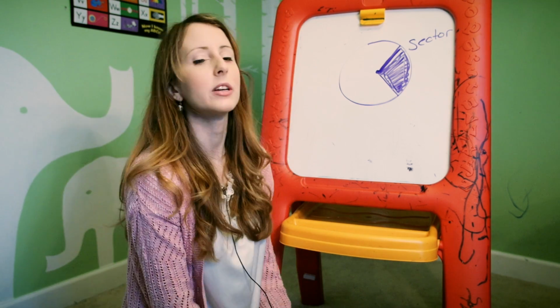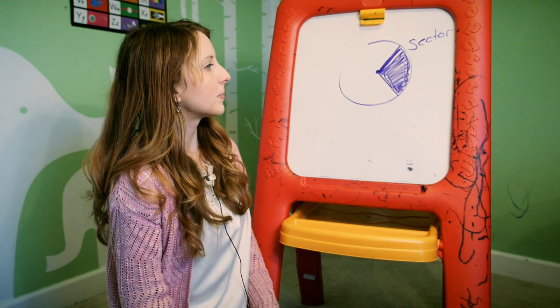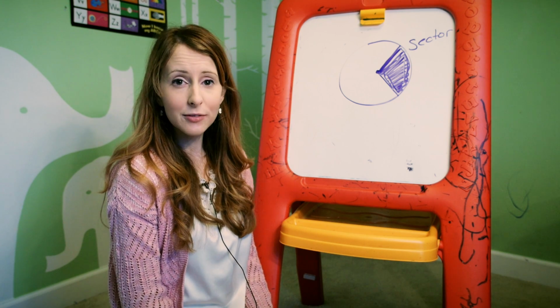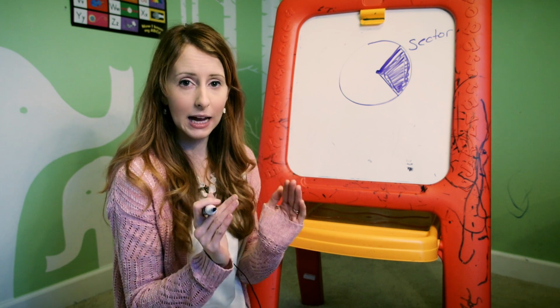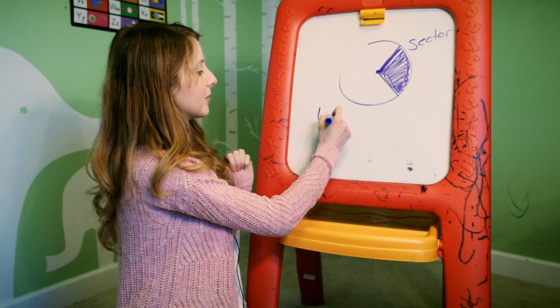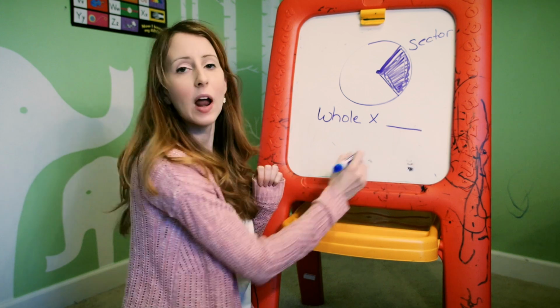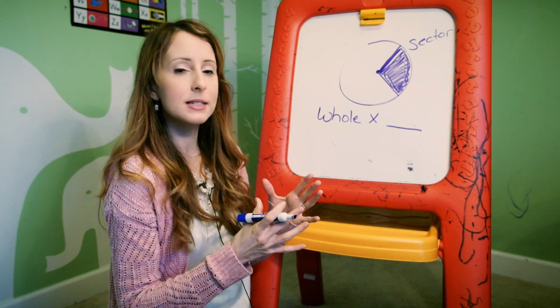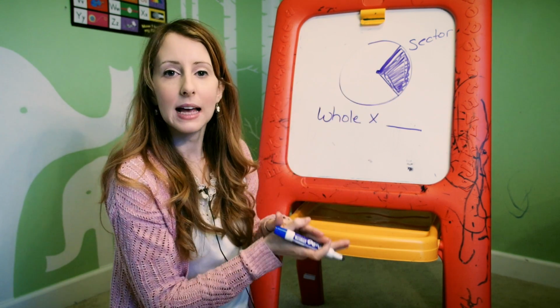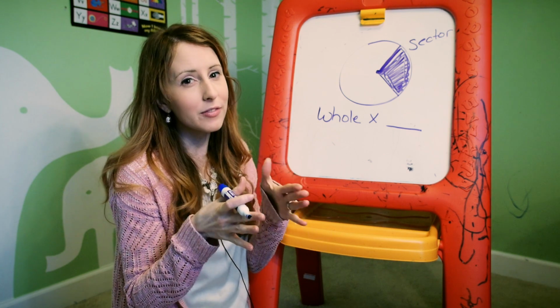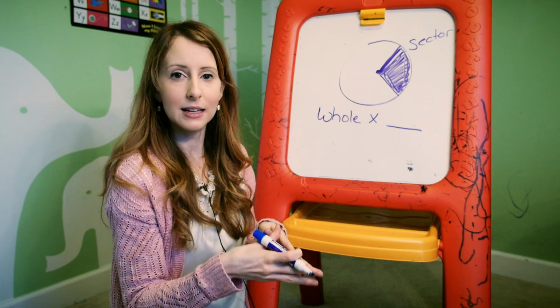All right, so here's what you'll do. In these types of problems, what you'll have to do is find the area of the entire circle, the area of the whole circle, and then you'll multiply it by a fraction that represents how big the sector is, how big that piece of the pie from the circle is.